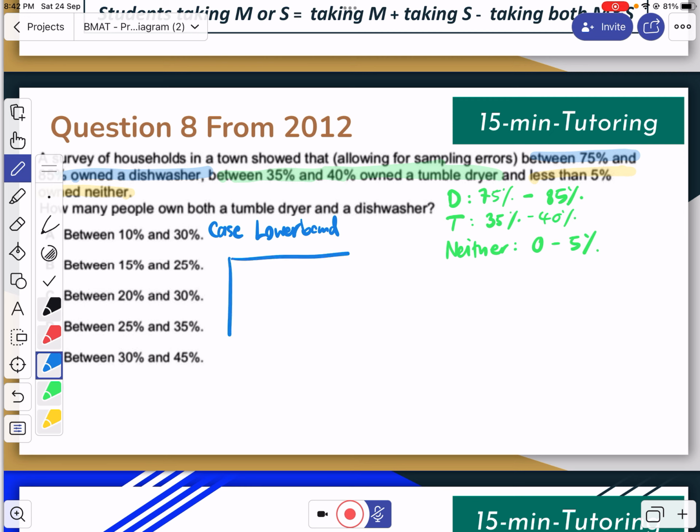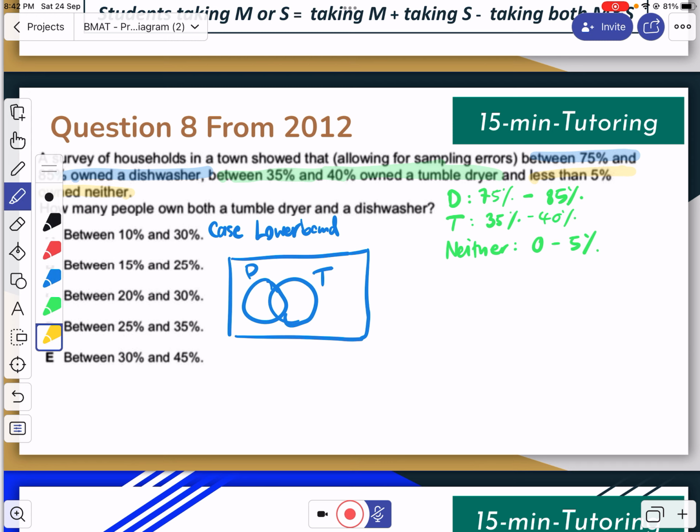So I'll draw my Venn diagram with the D, the T here. So we look at the number of people who own both appliances. In this case, the overlapping yellow area. We want the lower bound, which means we want to make the yellow area as small as possible. We don't want them to overlap if it is possible.